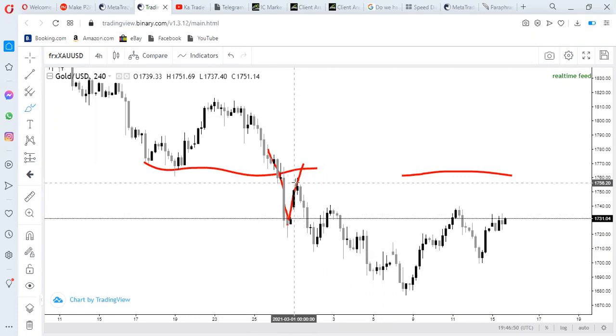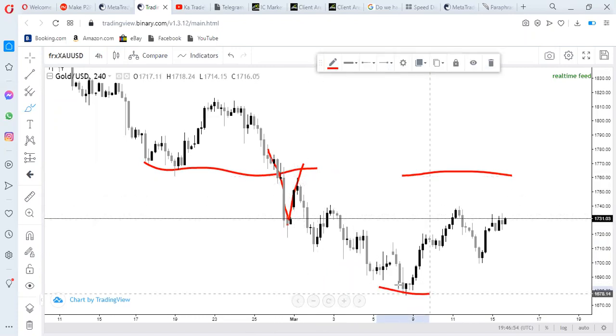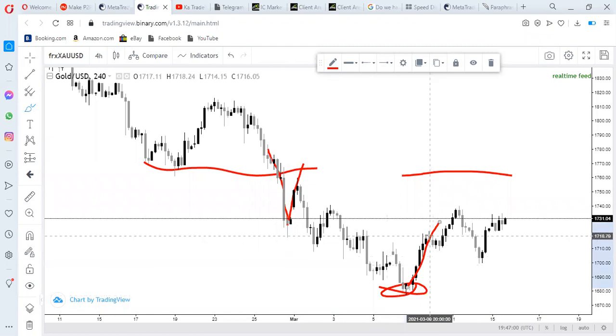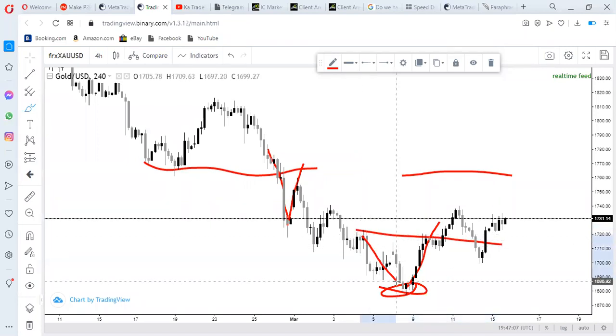But right after this, you see that if you're able to sell here, look at where you are going to take your profit. See where price was able to come before pushing to the upside. Here we have a certain zone, the inverse head and shoulder.